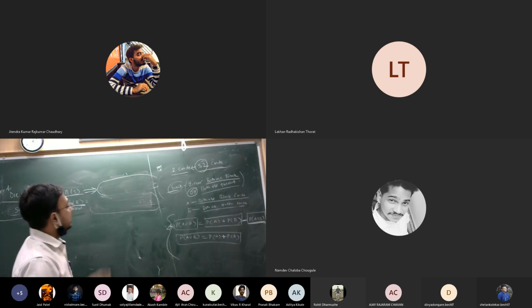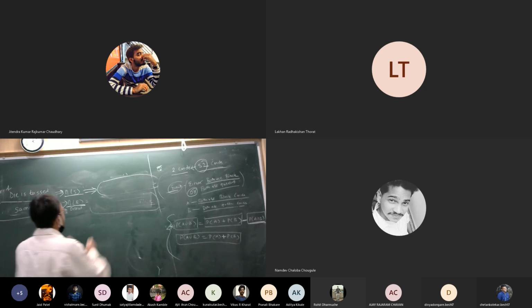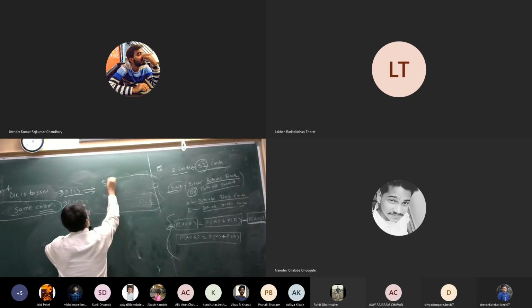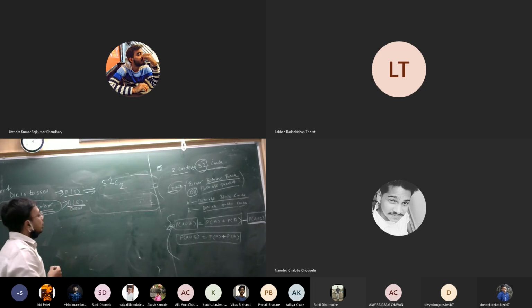Now look at the particular problem. So they have said from the 52 cards we have to choose 2 cards. So number of possible things: 52 cards will be there and we need to choose 2 cards. That will be 52C2. That will be n(S), number of total possible things, number of all possible things.